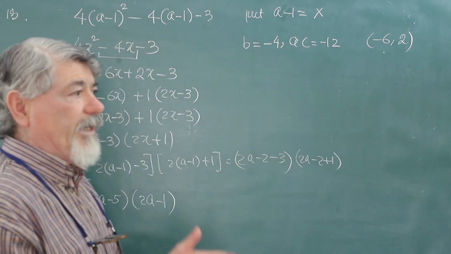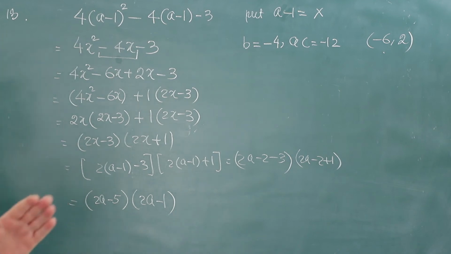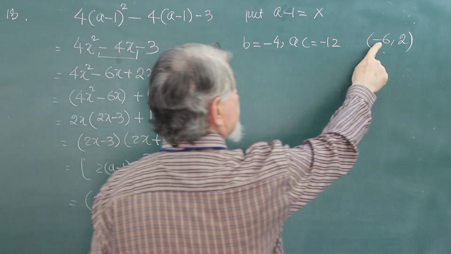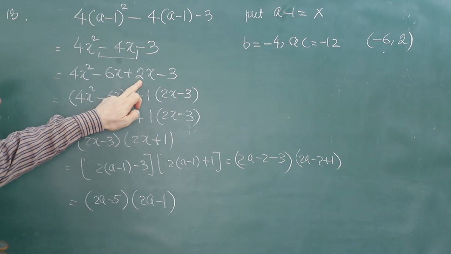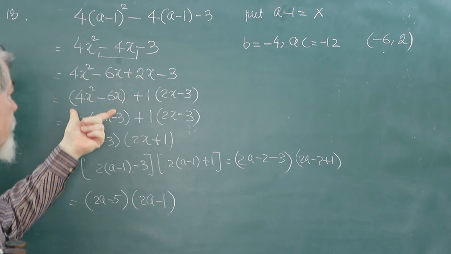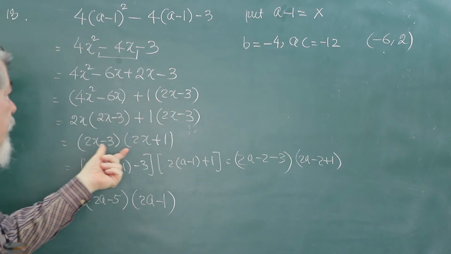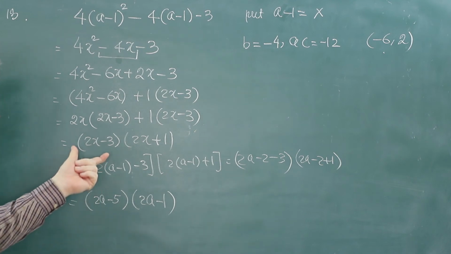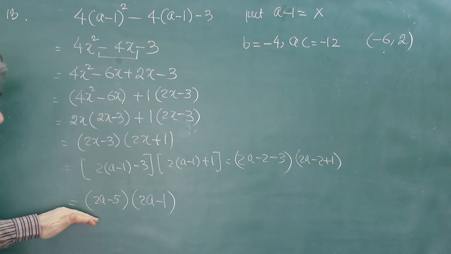I told you when AC is negative, less than 0, then both the split terms will be of the opposite sign. So minus 6 and 2 were the split parts, minus 6x plus 2x minus 3. We made the pairs. Out of this pair I took out 2x common, out of this pair 1 is common, 2x minus 3 into 2x plus 1, and we replaced x with a minus 1. We got the answer in terms of a.